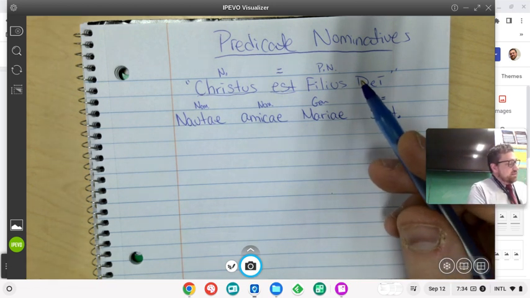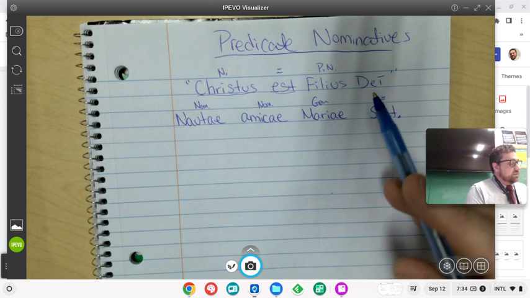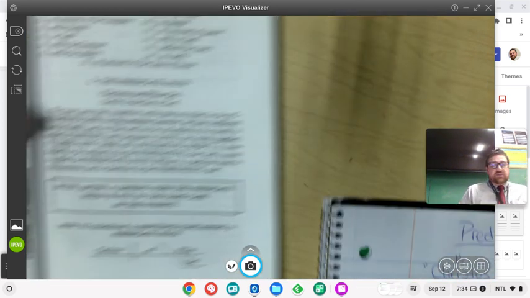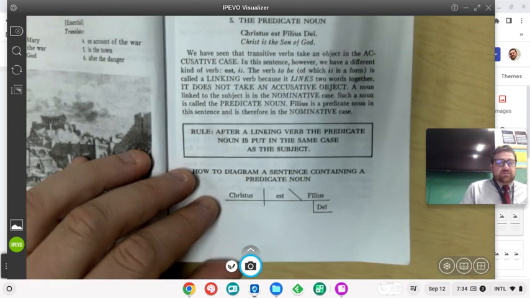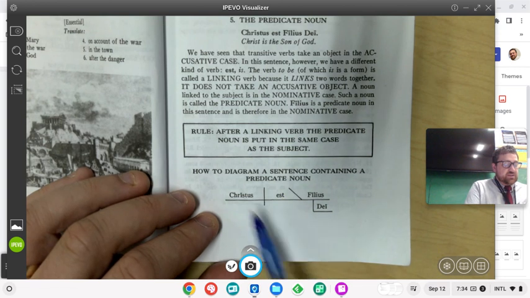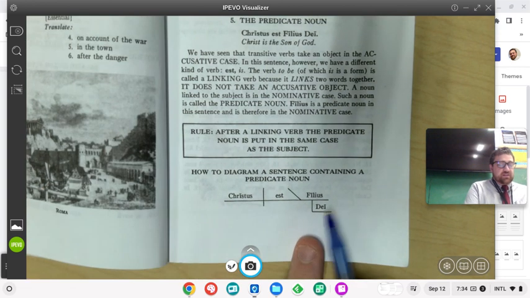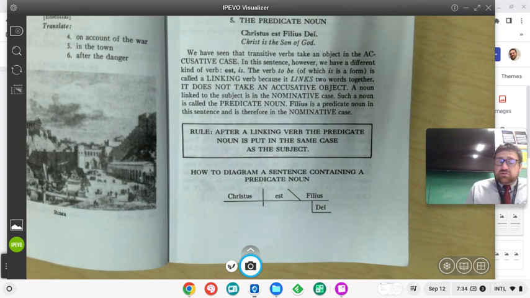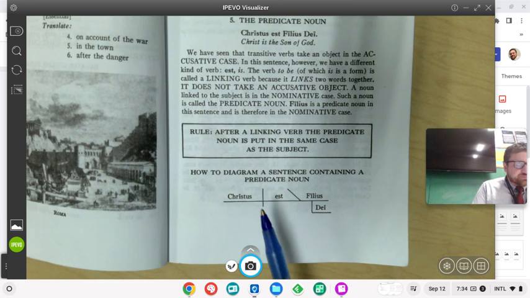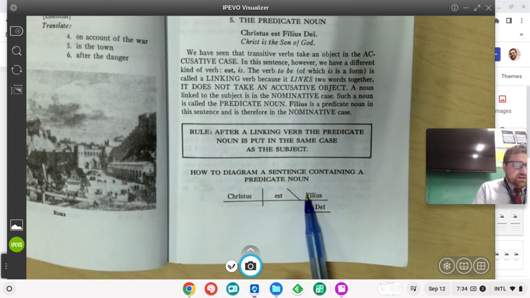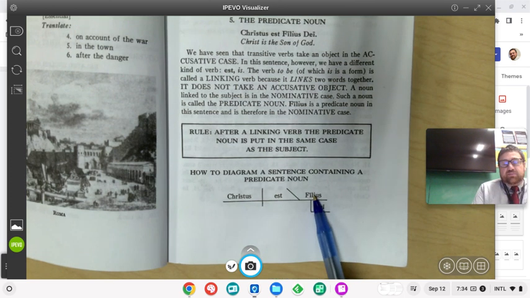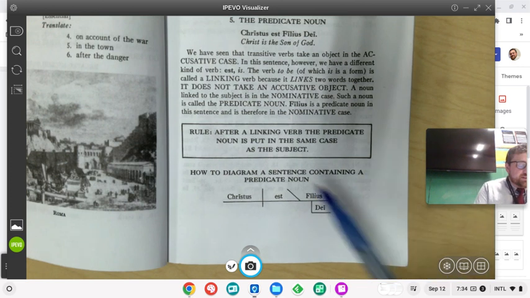Okay, let's take a look at what other verbs function as an equal sign. In your book, Christus est filius Dei, Christ is the Son of God. Now, we don't do a whole lot of sentence diagramming, even though the book will discuss it, but if you do, Christ is the Son, right? Well, they're both in the nominative, and filius is the predicate nominative. It's that extra nominative, in other words.